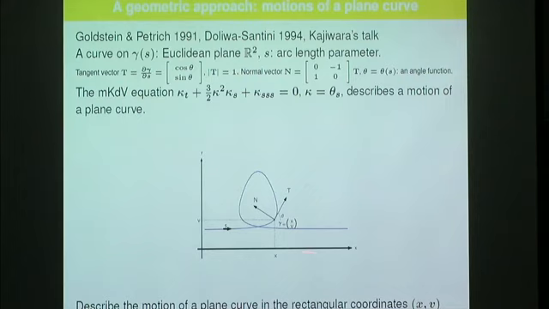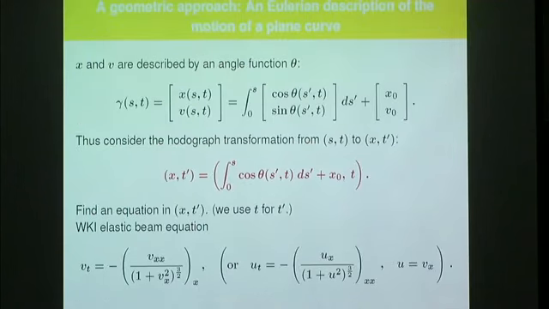Now consider the x coordinate, then the y coordinate. Here, this is the Eulerian coordinate. If we use the Eulerian coordinate, we rewrite this equation using it. What happens? The transformation from the arc length parameter to the Eulerian coordinate is actually this hodograph transformation.